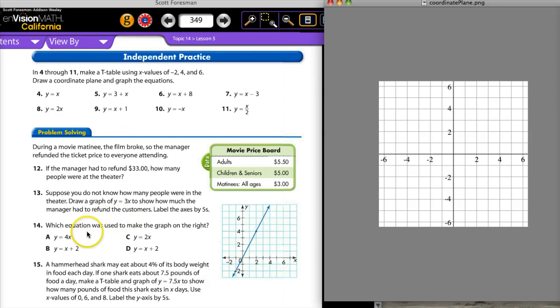Okay? Number 14 is asking you to look at this graph, okay, and tell us which of these four equations is being demonstrated in the graph. Okay, so what you want to do here is you can see that the linear equation goes through point 2, 4. Okay, x coordinate 2, y coordinate 4.